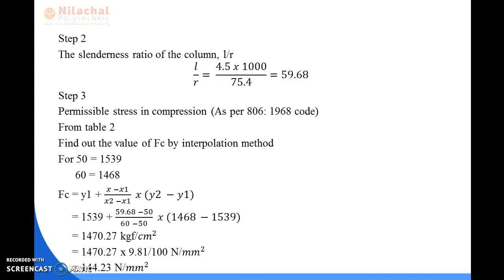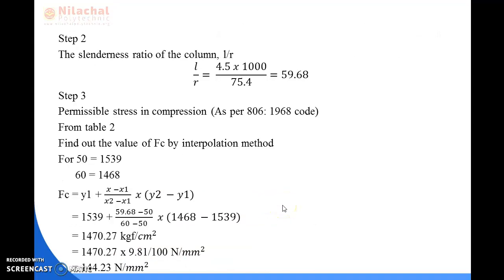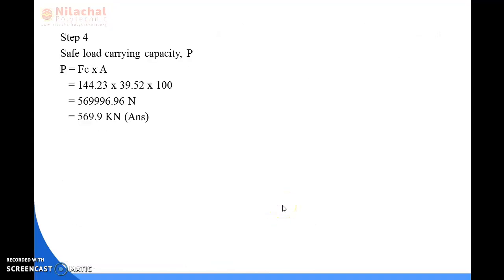We know that the permissible stress, that is the Fc value for slenderness ratio of 59.68, is equal to 144.23, and the area is found as 39.52 into 100 mm square. By multiplying these two factors, we can find out the load carrying capacity of the tubular section.